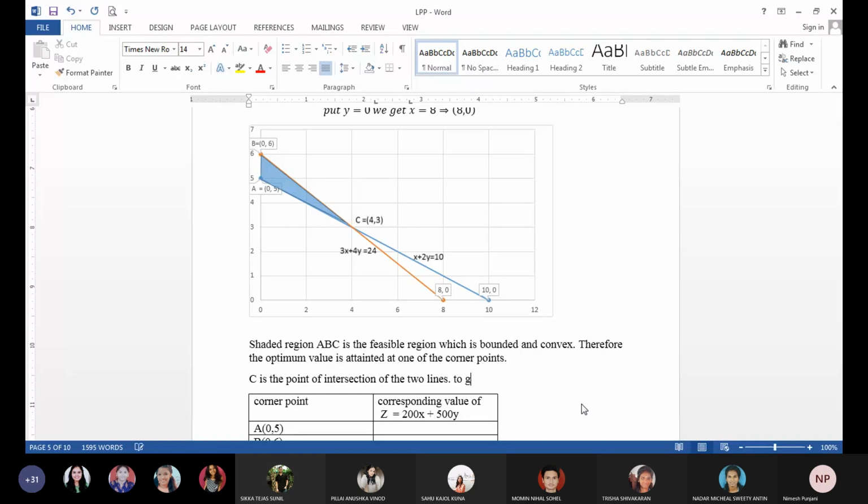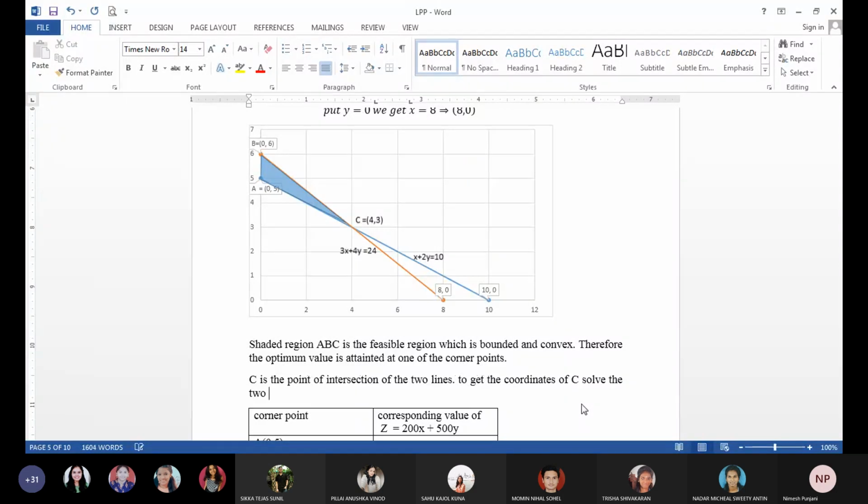So to get the coordinates of C, solve the two equations simultaneously. Which two equations?